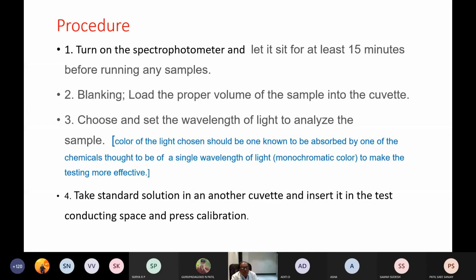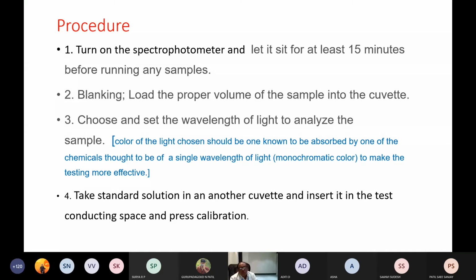So you have to select the cuvette, or you can ask the instrument to scan for the wavelength, then it will suggest which wavelength should be used. Usually for creatinine it will be the green filter. So choose it and set the wavelength of the light.